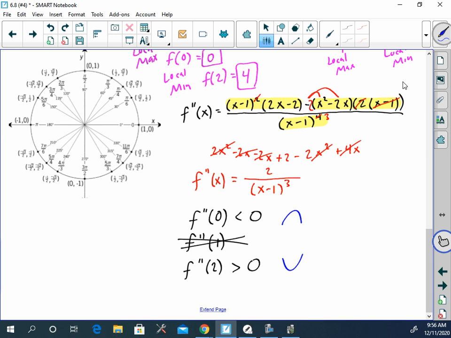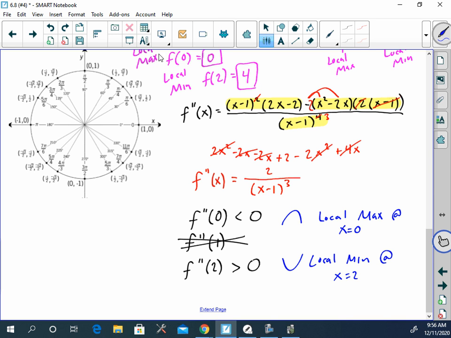And if the first derivative was equal to 0, wasn't there a max or min at that point? So this is going to be a local max at x equals 0. And this one's going to be a local min at x equals 2.